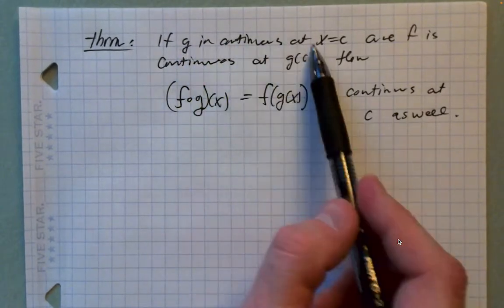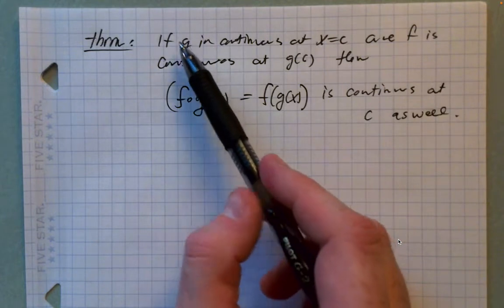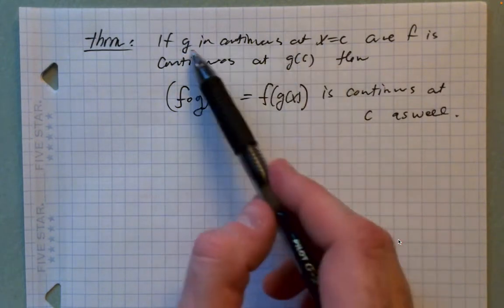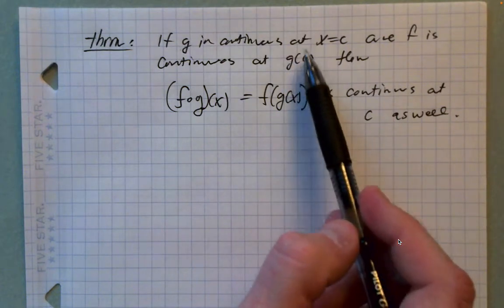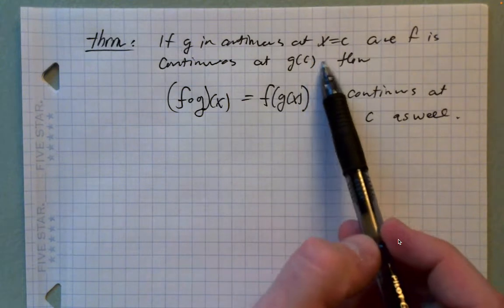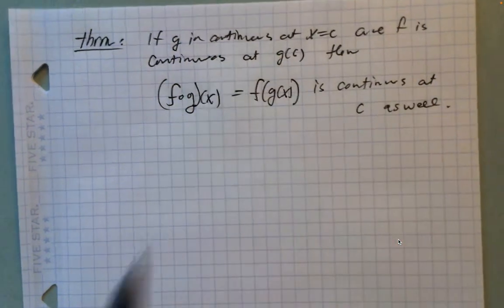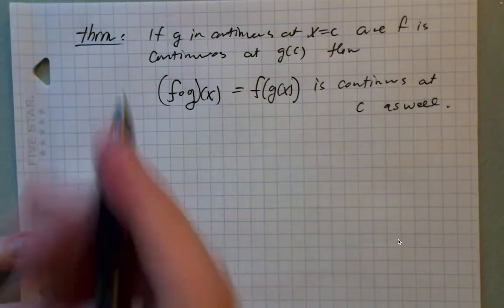If g is continuous at c, then the limit of g as x approaches c is g of c, right? And so naturally that same point would be where f would be evaluated, g of c. So g is continuous at x equals c and f is continuous at g of c, then the composition is continuous there as well.